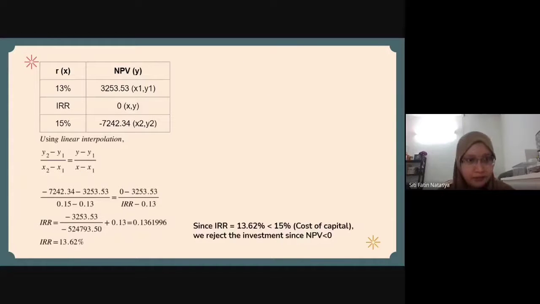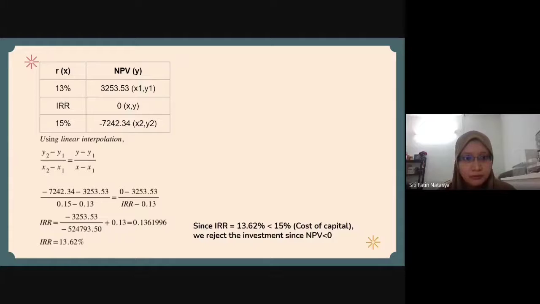Next, by using linear interpolation, we will substitute the values we obtained, which are x1 as 13% and the corresponding y1 as the positive NPV, while the x value is the IRR and the y value is 0, since to find the IRR, the NPV value must be equal to 0.